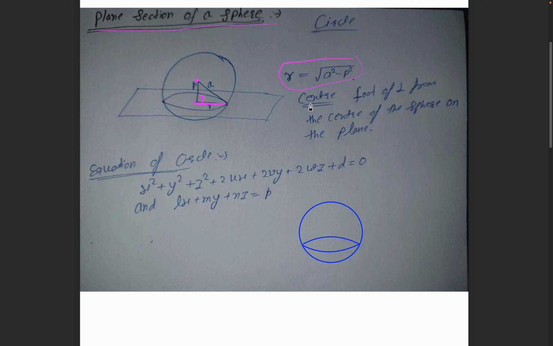The center of the circle is the foot of the perpendicular from the center of the sphere on the plane. We want to find this point.